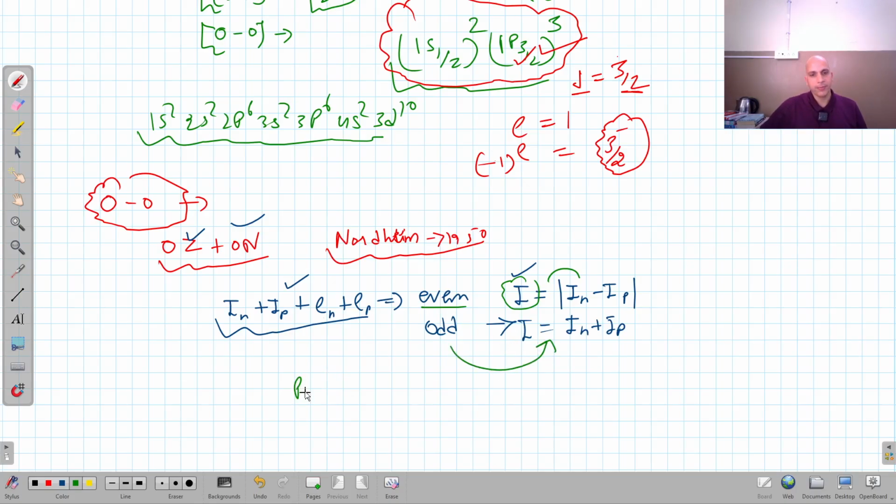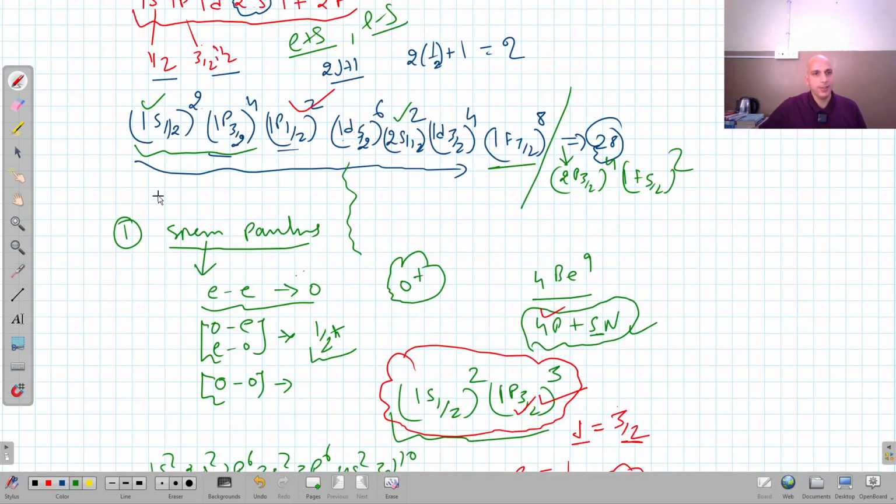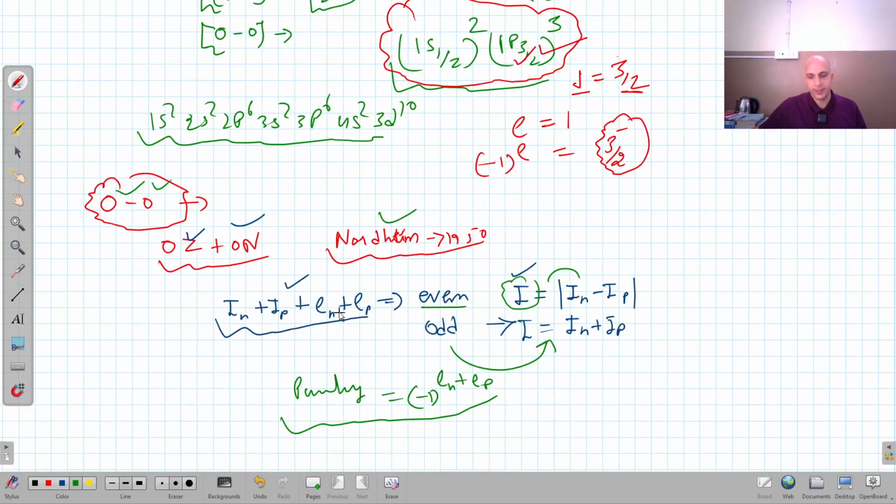And parity in this case is equal to (-1) to the power L of neutron plus L of proton. So these are Nordheim's rules that I have written here. We use this rule for calculating the spin and parity of odd-odd nuclei, right? Even-even nuclei have zero spin and positive parity.